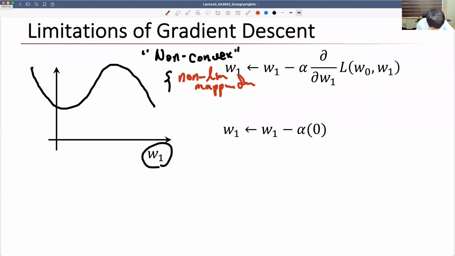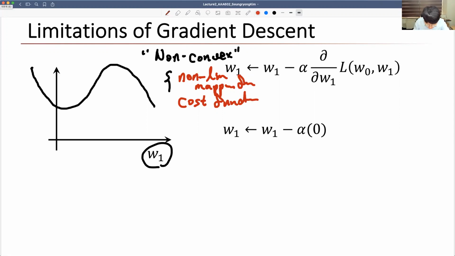Another reason is the cost function. Of course, MSE or MAE generate a convex loss function, but another cost function might generate such a non-convex loss. So in that case, it is really hard to optimize by using the vanilla gradient descent algorithm.